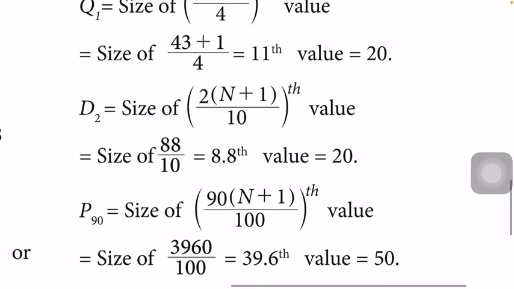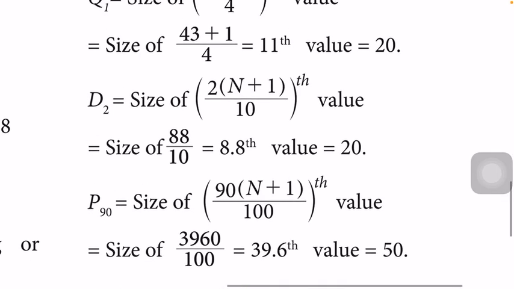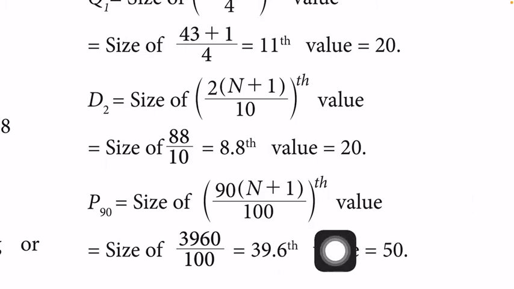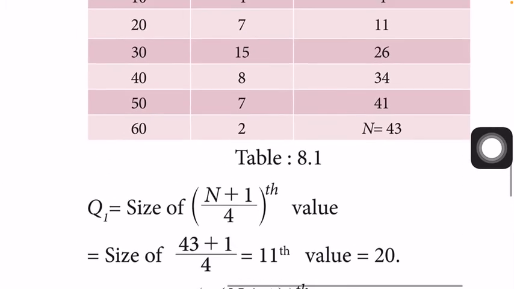Now, P90 we have to find, size of 90 into (N plus 1) divided by 100th value. So, capital N is 43, while simplifying we get 39.6. 39.6 means it is 40. So, where does 40 lie?